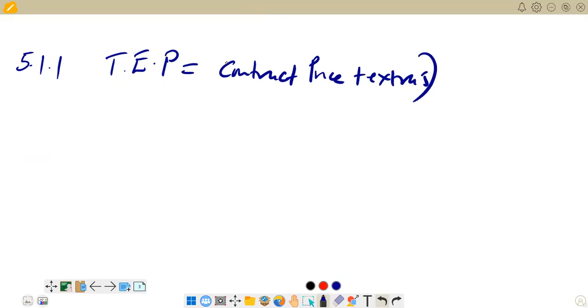Then we put in brackets the total that we get there, and we subtract total estimated cost.